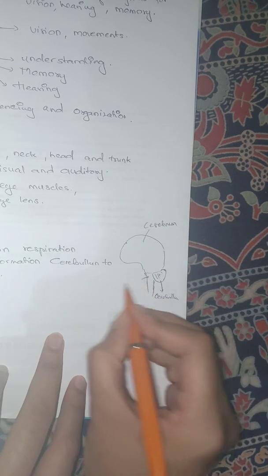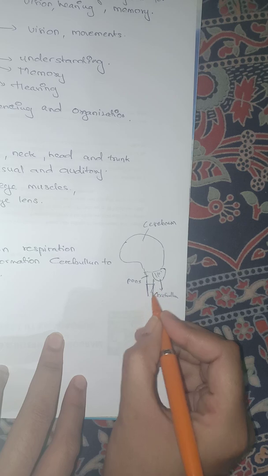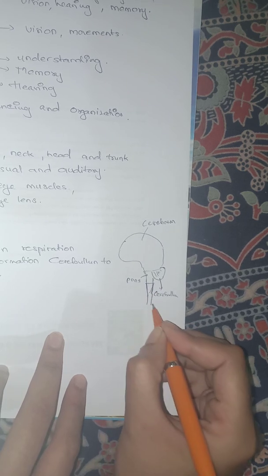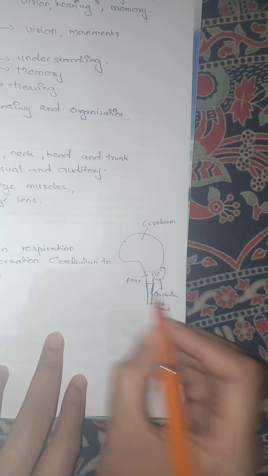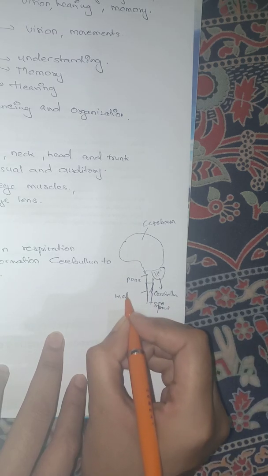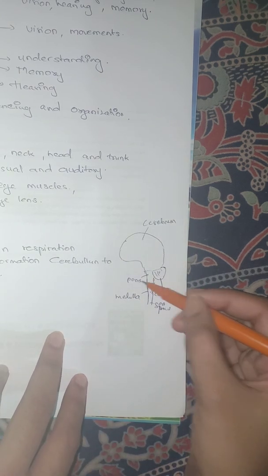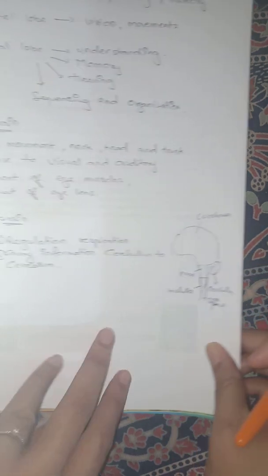Here you will have the pons, and this club shaped part, which is connecting the brain with your spinal cord, is what we call the medulla. So the pons serves as a medium through which the information is transferred to the cerebrum.